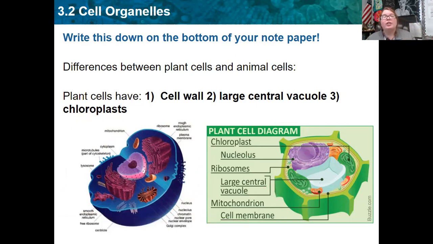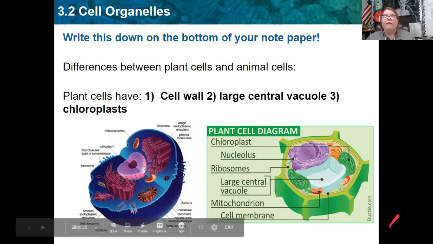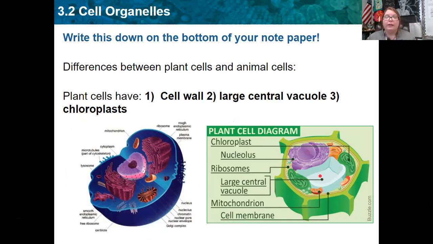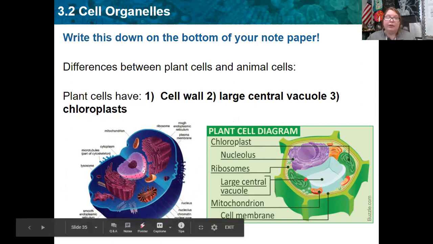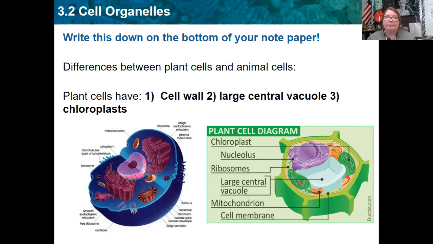So the large central vacuole, this big water balloon basically in the middle, that's what we're talking about. And then chloroplasts. It'll be green, it'll have these disc-like little things in it. That's how you know it's chloroplast. Okay, so those three things are our main differences.